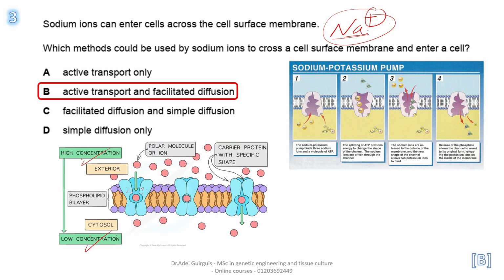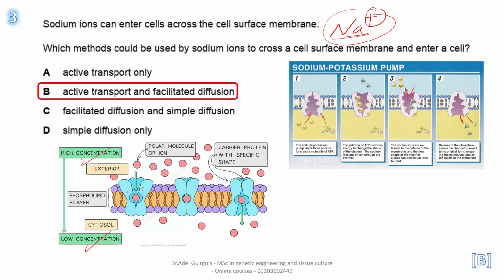For example, nitrate from soil passes by these two methods. What about active transport also? In active transport, the ions pass from an area of low concentration to an area of high concentration, against the concentration gradient.